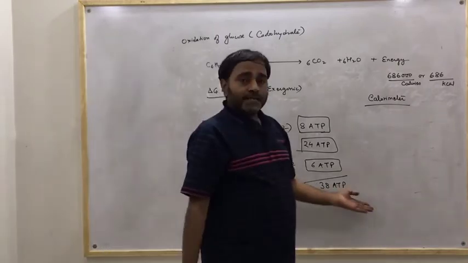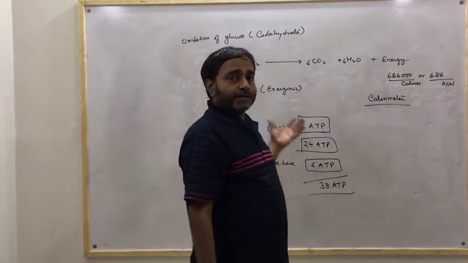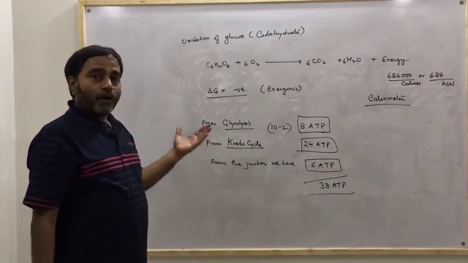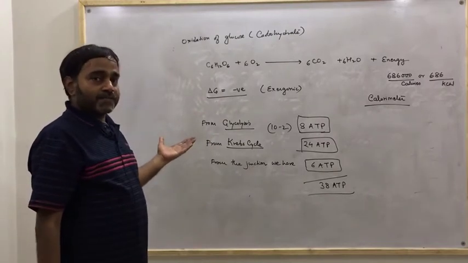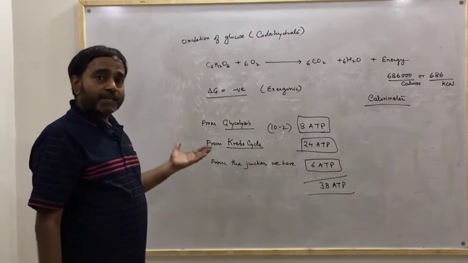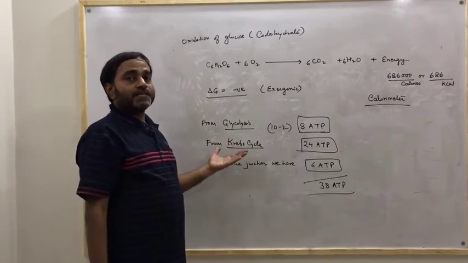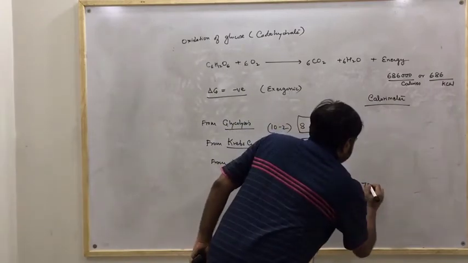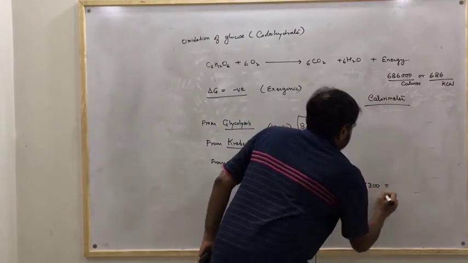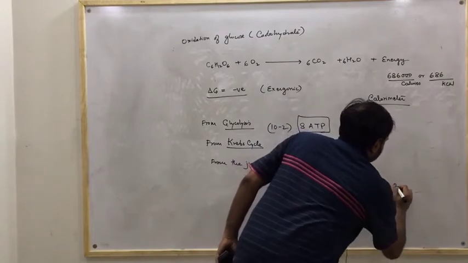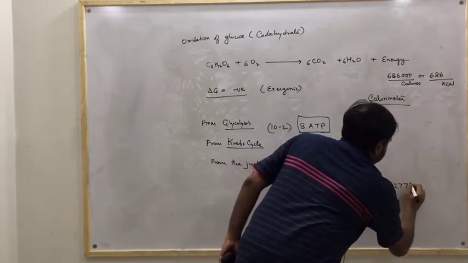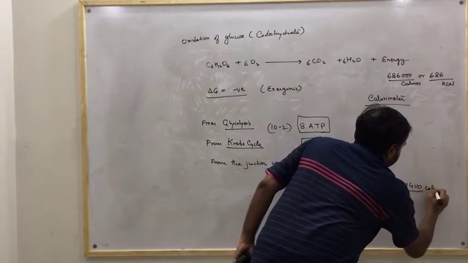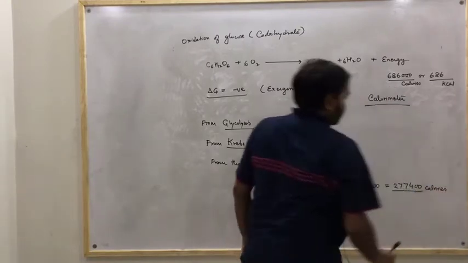But if we calculate in terms of calories, I already told you about the ATP molecule and the high energy bond. You might have seen that on the breaking of a high energy bond 7300 calories will be liberated out. So if you multiply 38 with 7300, you will have 277,400 calories of energy.